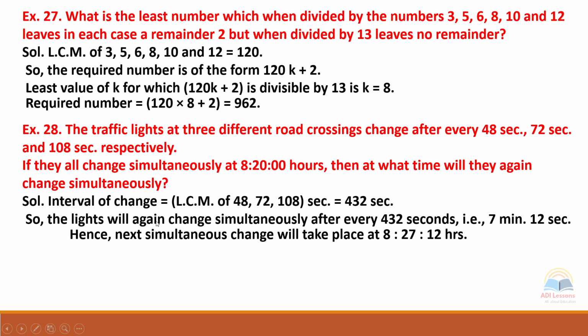So the lights will again change simultaneously after every 432 seconds, that is 7 minutes 12 seconds. Hence next simultaneous change will take place at 8 hours 27 minutes 12 seconds.